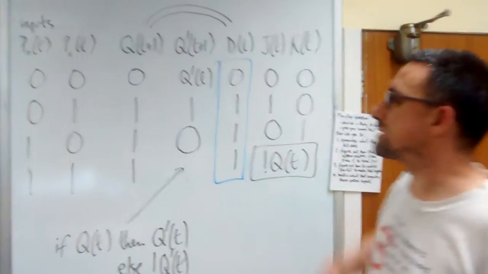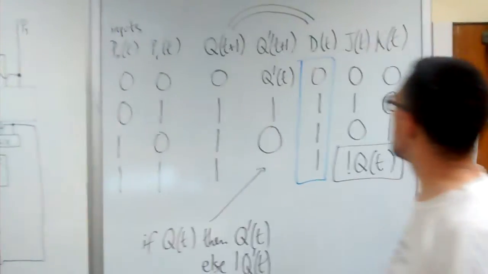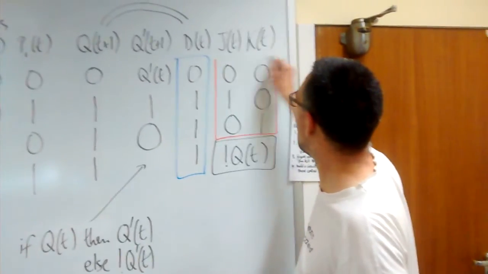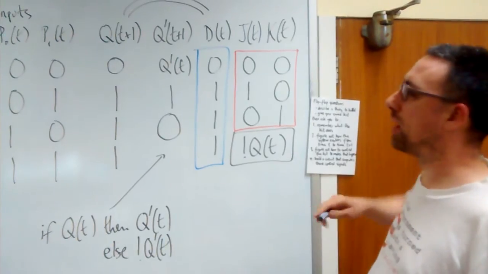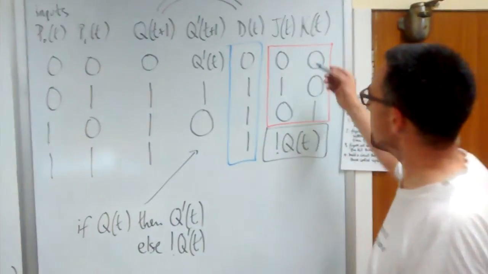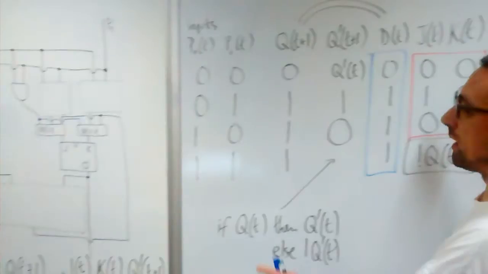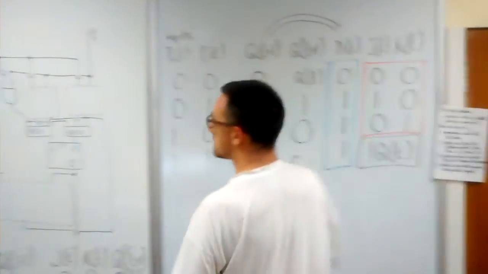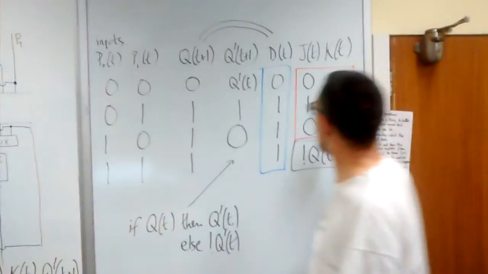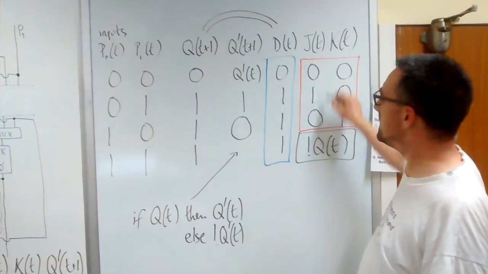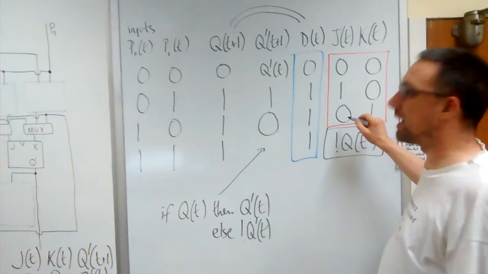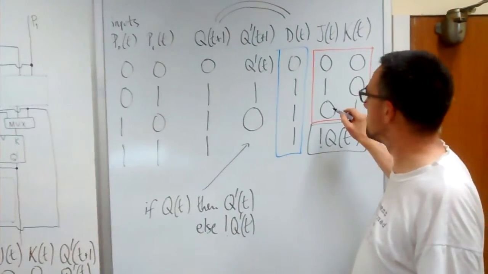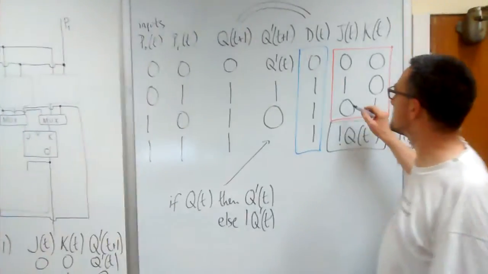Okay, now the muxes really help us here because they allow us to separate out this part of the JK problem where there's no competition from this part. Let's look at it. Up here, this column corresponds to this box. We have to make sure that we deliver these signals, but as far as that box is concerned, it doesn't matter what happens when there's competition because the mux will ignore that signal anyway.